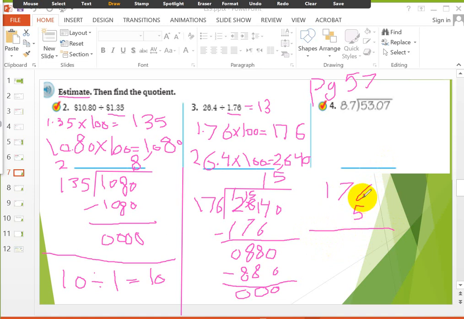I said 3 here, so it will be 5, not 3, okay? So this one, 5 multiply 6 equals 13, so you can try. 5 multiply 7 equals 35, plus 3 equals 38, so it will be 8 here and 3 here. 5 multiply 1 equals 5, plus 3 equals 8, okay?